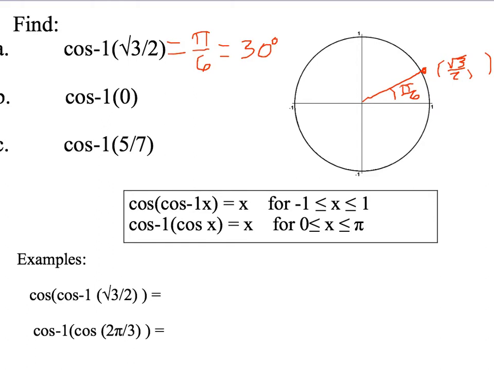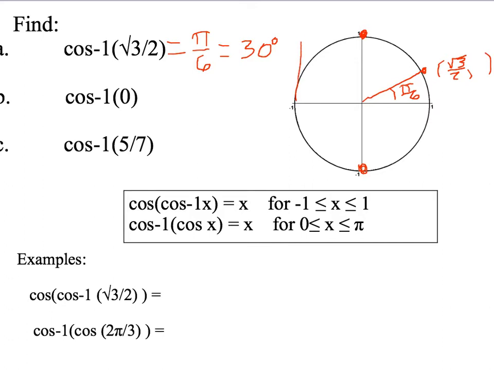Now, the second one here, where the inverse cosine is 0, realize our cosine is 0 at two different places on the unit circle. And in fact, we always have two places where our cosine values equal a particular number. Only one of those will be in our possible range of values.